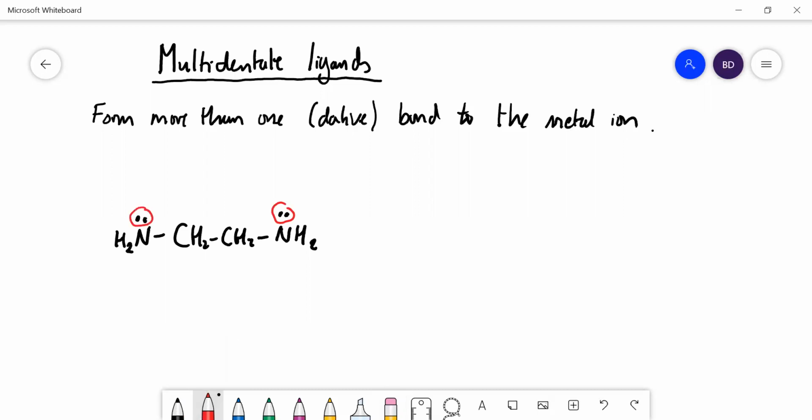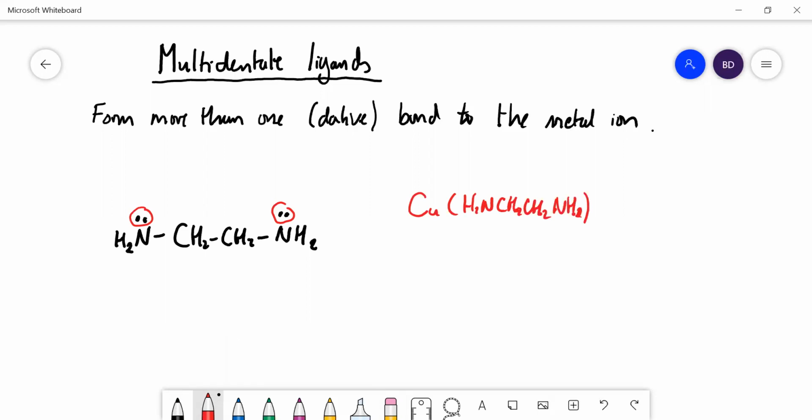Okay, so let's have a look at how that would work with copper. The formula of it would be Cu(H2NCH2CH2NH2). Now, how many of them would you need?